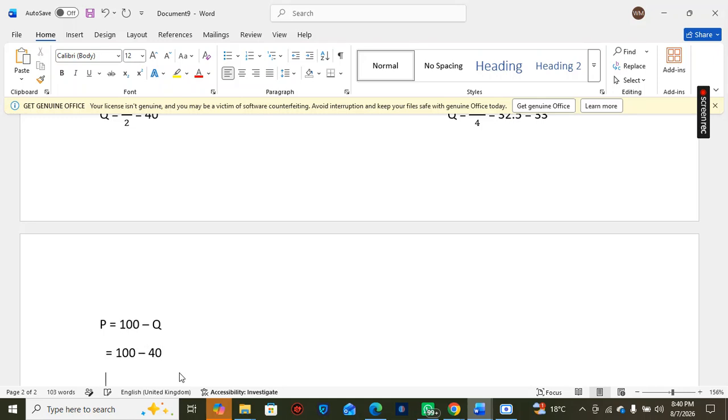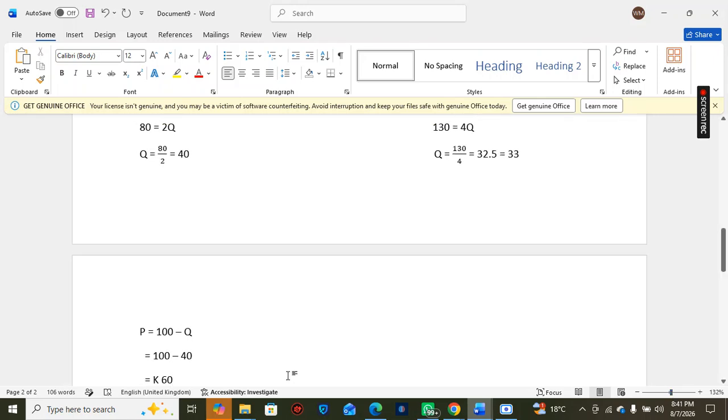That gives us 60 kwacha. This is how much the students have to pay, and this is the profit maximizing price for this business.